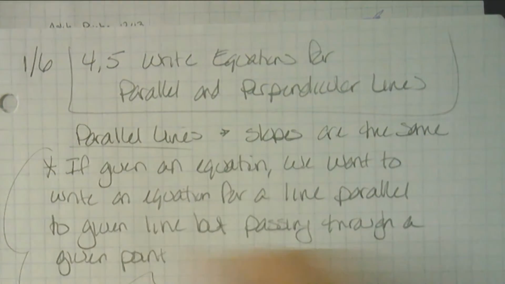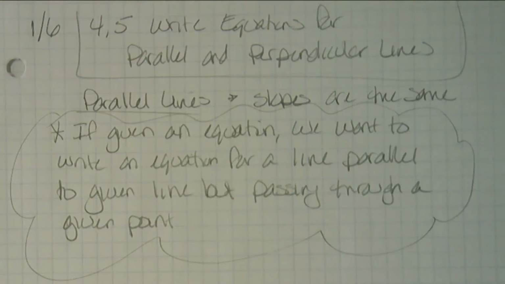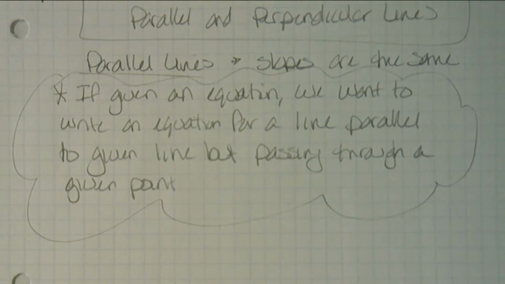So this is what we're going to be doing right now. If given an equation, we want to write an equation for a line parallel to the given line, but passing through a given point, a totally different point.